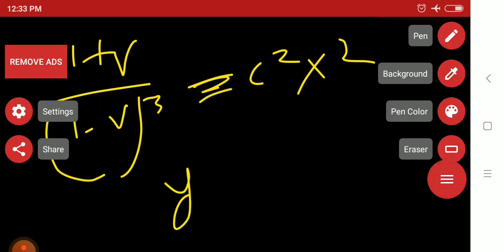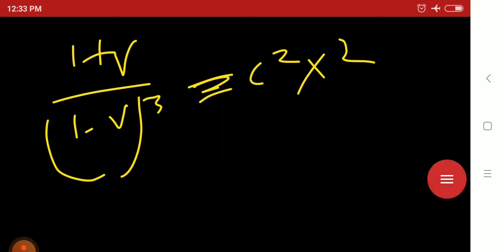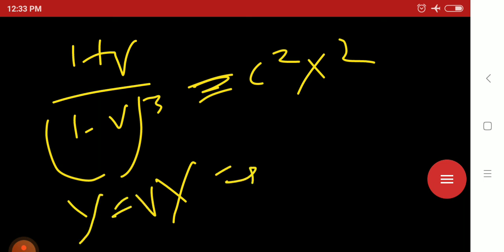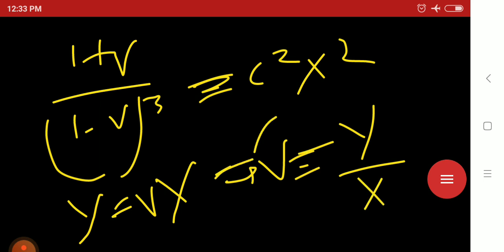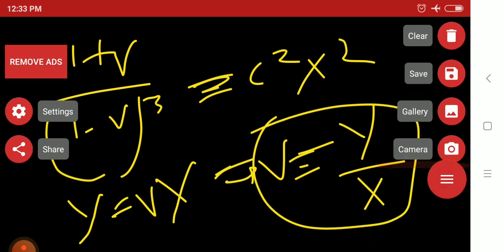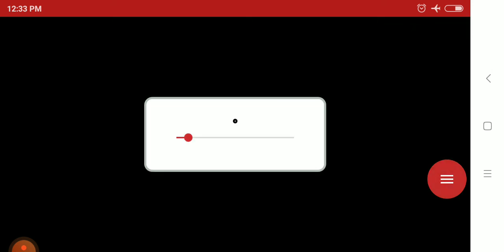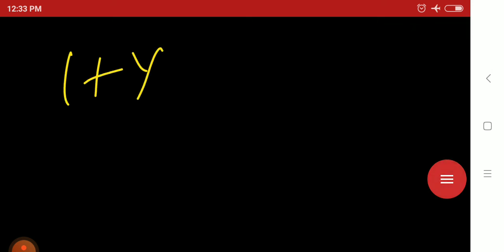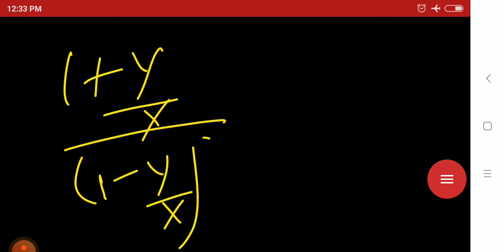Now, we have put already capital Y equals v into x. So v equals Y by x we can put. So if we put v equals y by x, we will get 1 plus y by x divided by 1 minus y by x whole cube equals c square x square.